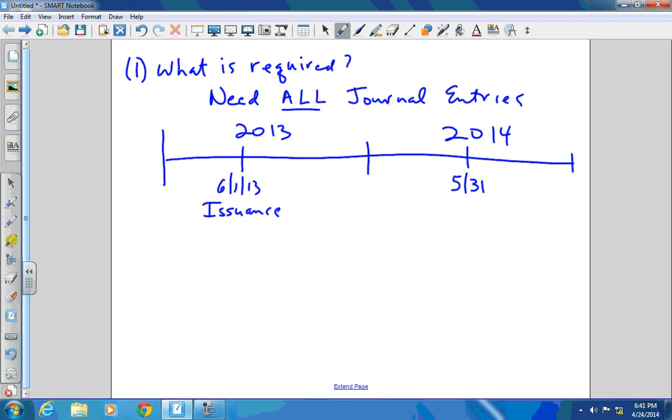Well, remember, the company has a fiscal year end of 12/31. And so remember, we needed an accrued interest entry. And so we're going to have to do a journal entry on 12/31, an adjusting entry.